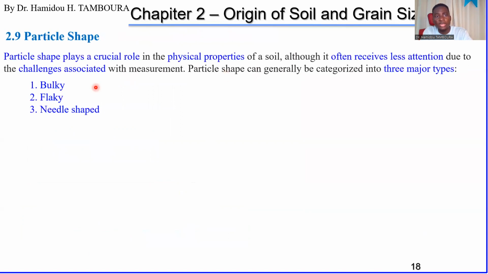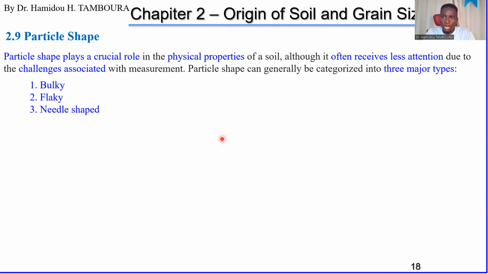The particle shape also plays a really crucial role in the physical properties of soil, but people neglect it very often because there are a lot of challenges associated with this. How to measure, how to know the shapes. Sometimes we even need microscopes to know the shapes of soil particles.